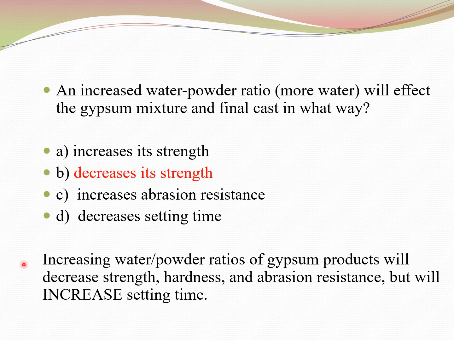Increasing the water powder ratios of gypsum, and that's your stone, or some type of gypsum product, whether it's the white stone, your yellow stone, your pink stone, increasing that water powder will decrease the strength, hardness, and abrasion resistance, but it will increase the setting time.